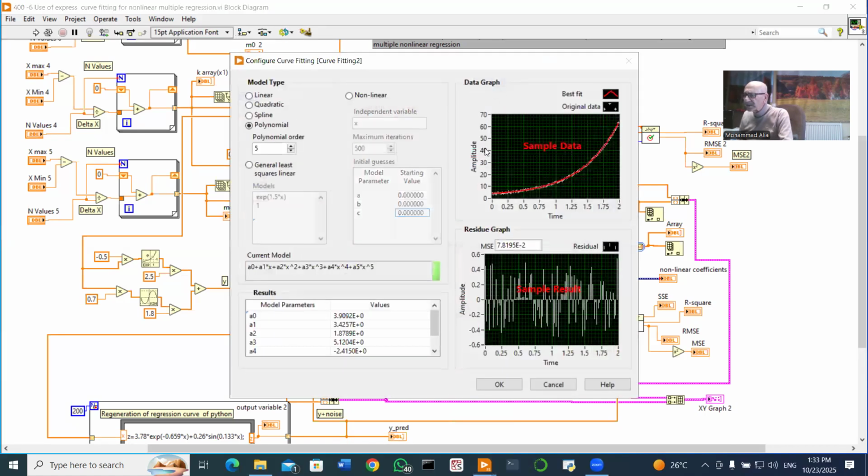It opens directly, and as you see here, it has many options which you can use. You can use directly a linear fit, or quadratic fit, or polynomial fit. Also, you can use nonlinear fit with a given number of terms.